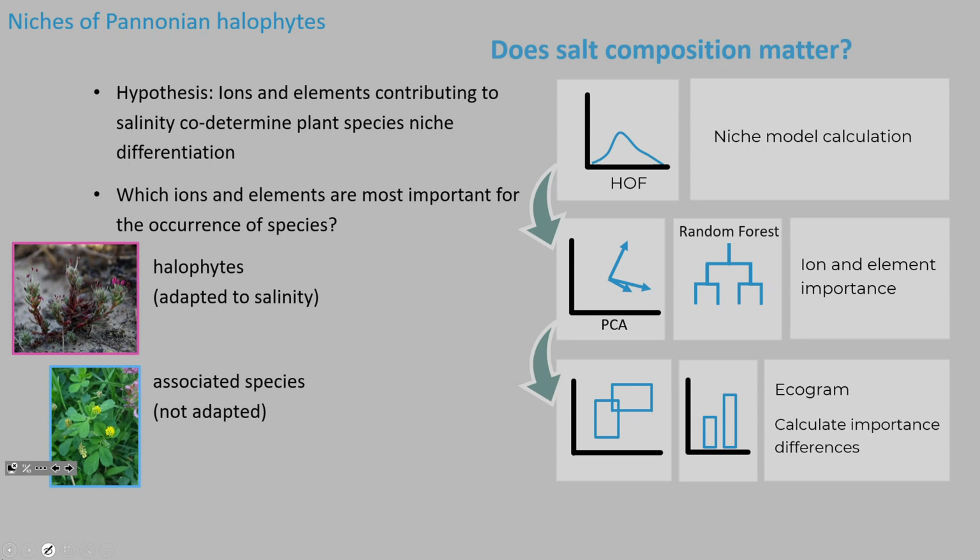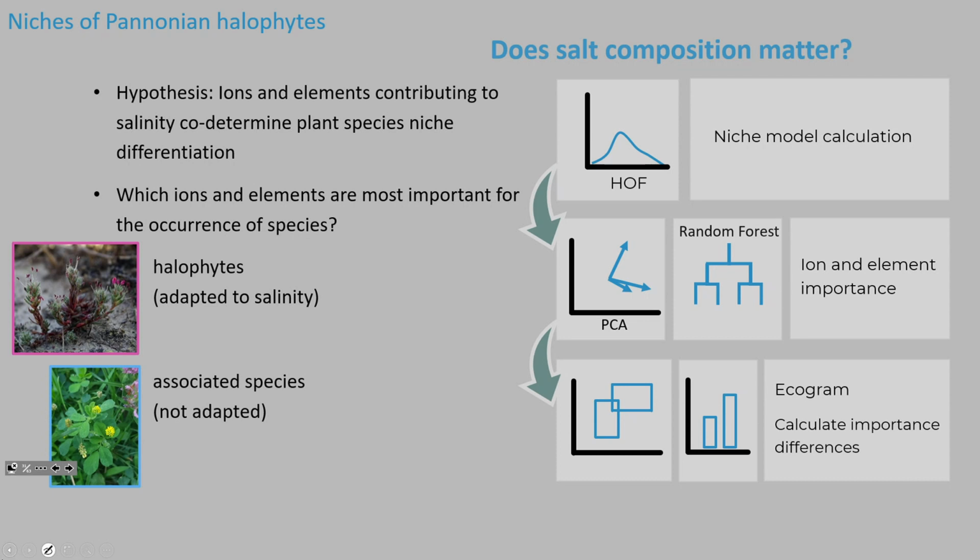And we did another analysis, another approach to answer the same question, but this time on a single species level. So for every species that we could calculate niche models for, we also calculated the importance of the variables for the occurrence of each single species.